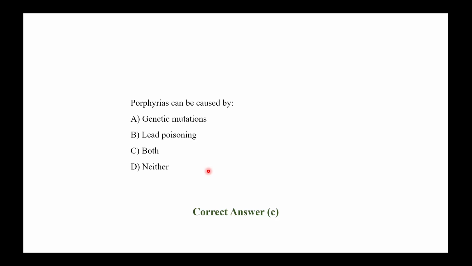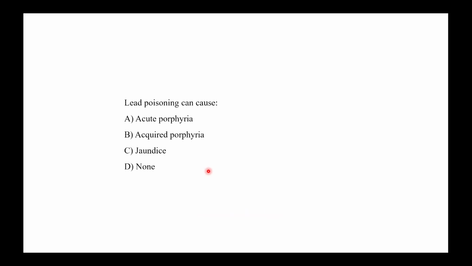So lead poisoning can also cause defective heme synthesis, and obviously genetic reasons could be the reason behind defective heme synthesis. So both the reasons could cause porphyria in humans.